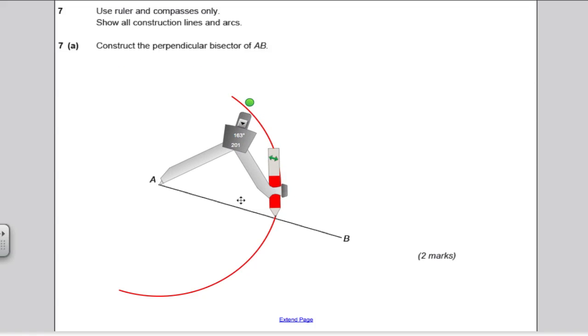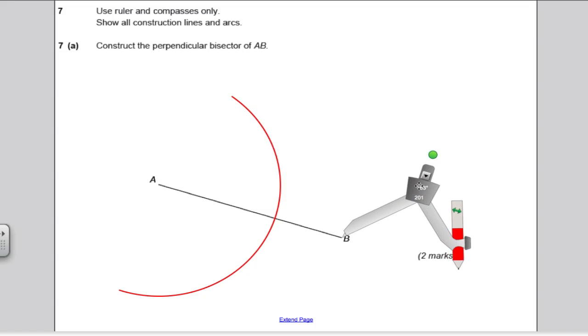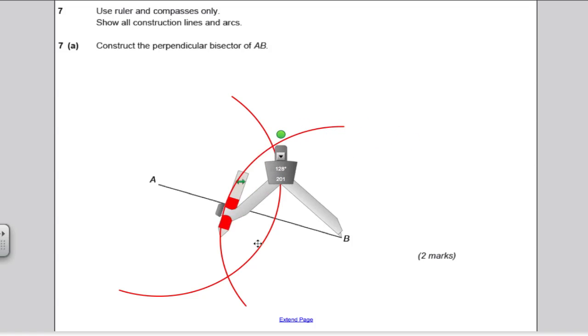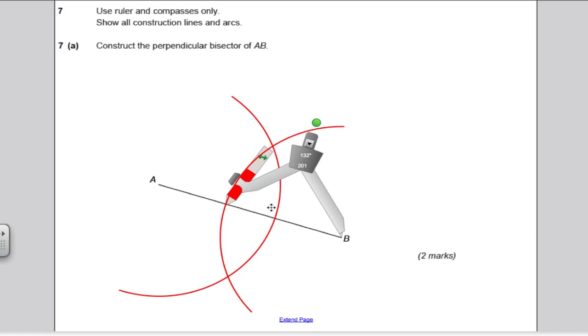Okay? Then what we're going to do, not adjusting the distance of the pencil, we're going to move the compass to the other side, to the point B, and we're going to switch the direction of the compass around, and we're going to draw ourselves another arc line there.